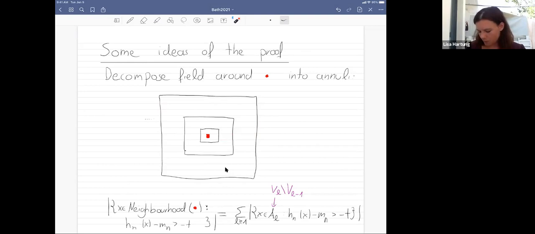So you take these boxes of size e to the L, and then you take out e to the L minus 1. This just means that each branching random walk increment should roughly get variance 1. And now, instead of counting all the points in the field that are high, you can also count all the points in these annuli that are high.